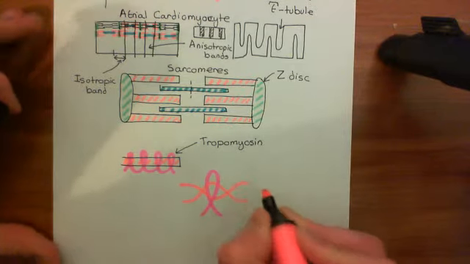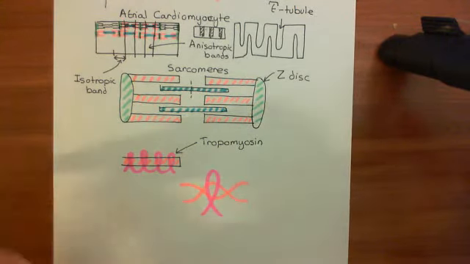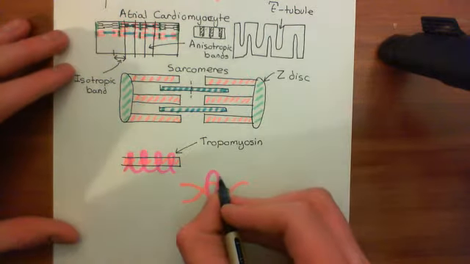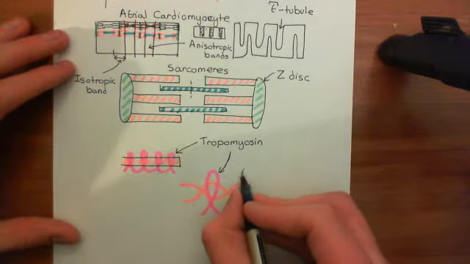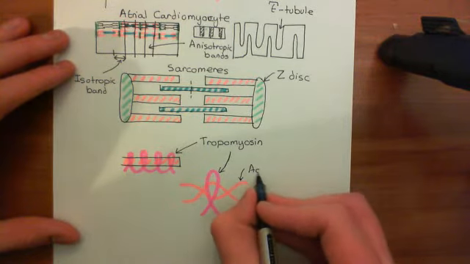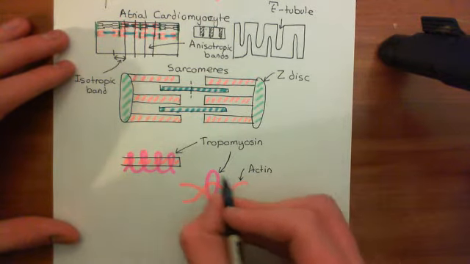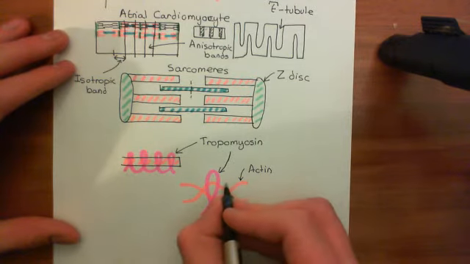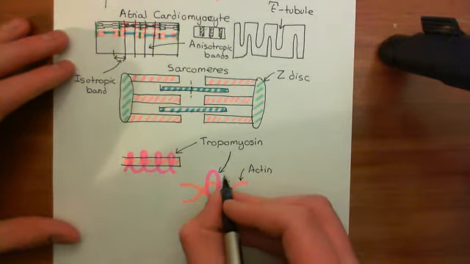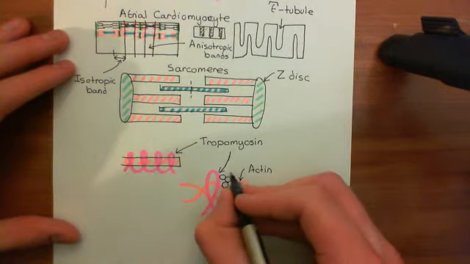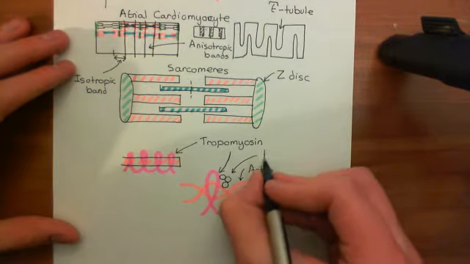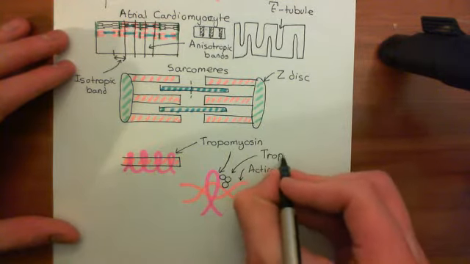Basically, there is another molecule that attaches the tropomyosin in pink to the actin filament in red. And this is known as troponin, and troponin is actually a trimer of 3 portions. So this entire complex of 3 separate proteins is troponin.